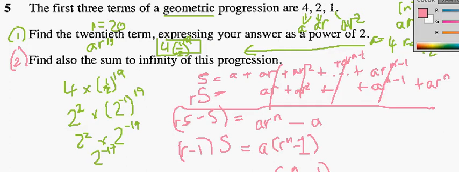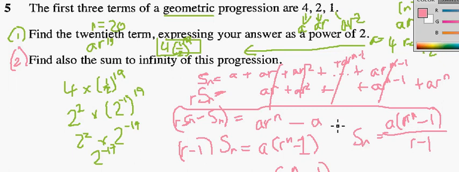Now that's the sum to n terms. I can write S subscript n for a geometric series. Sum to n terms is a times r to the n minus 1 over r minus 1. There we go. Sorry, that disappeared.